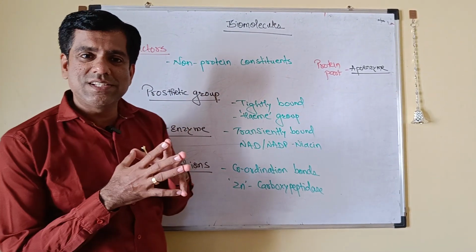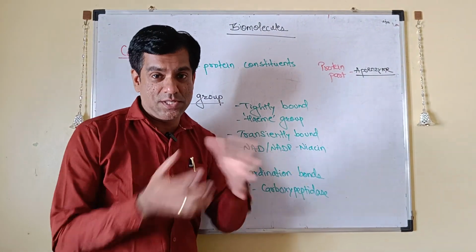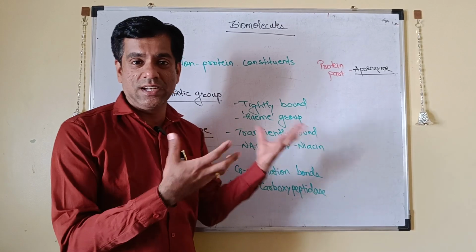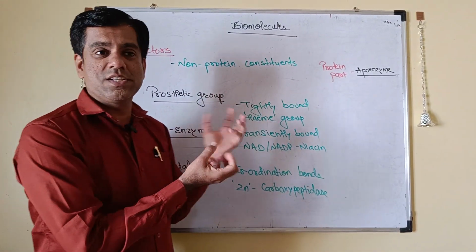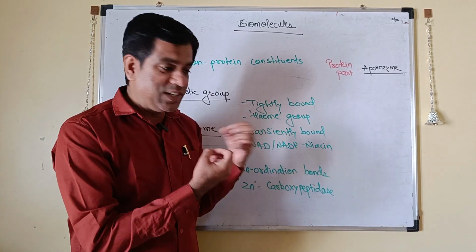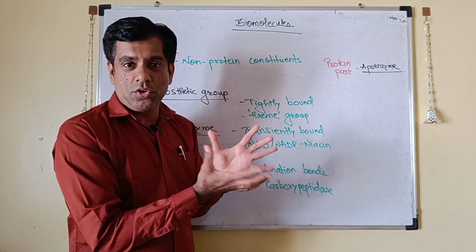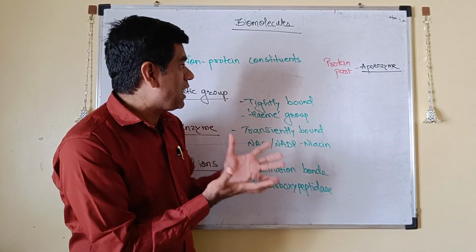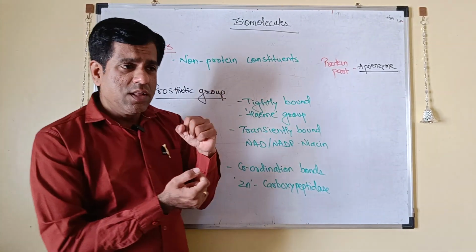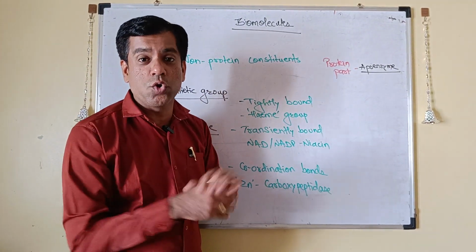Today we'll be talking about these cofactors in the enzymes, right? The protein part of the enzyme is the major part of the enzyme. We had seen that the tertiary structure of this enzyme was responsible for catalyzing the reaction, it had that active site. But in this major part, which is a protein part and which we call the apoenzyme, there is a small non-protein part which is called the cofactor.